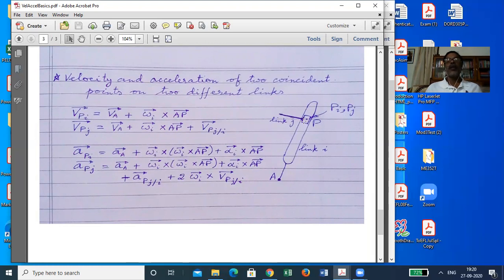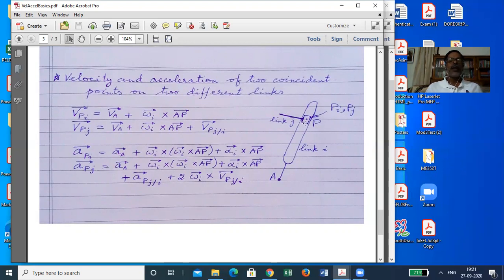So that quite often happens when one link has a slider or is a slider in the slot of another link. So this point P you can refer to as a point on link I, this long slot link, or you can refer to that as a point P on the slider link, link J. So the same point P I have denoted as Pi as part of link I and as Pj as part of link J.